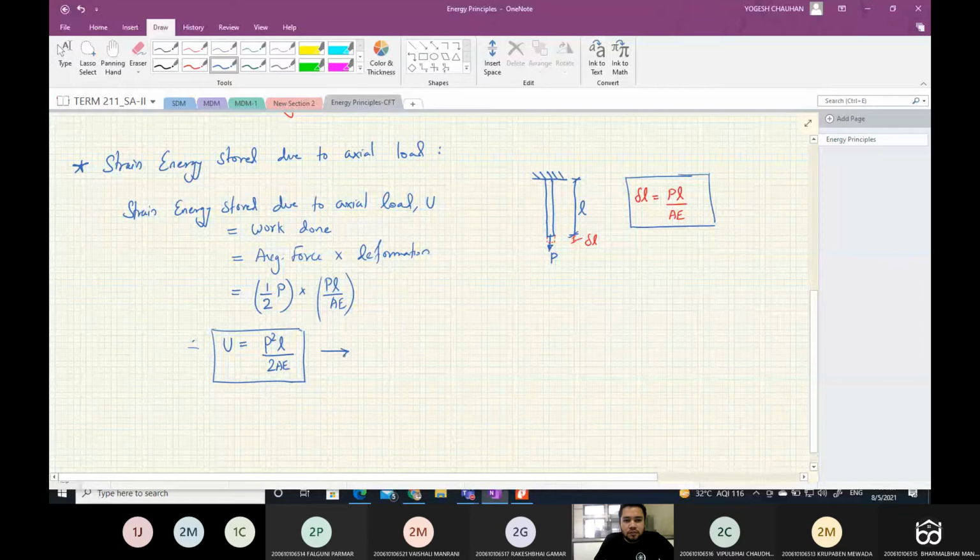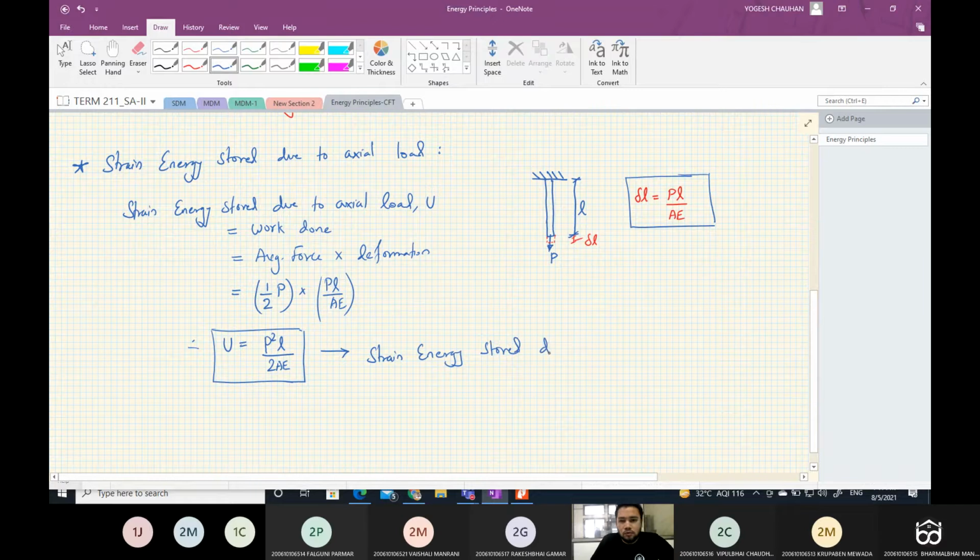This is the expression for strain energy stored due to axial load. You might have derived such expression in your structure mechanics 1.